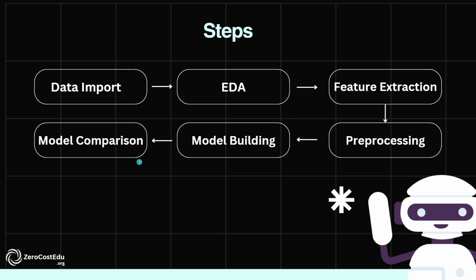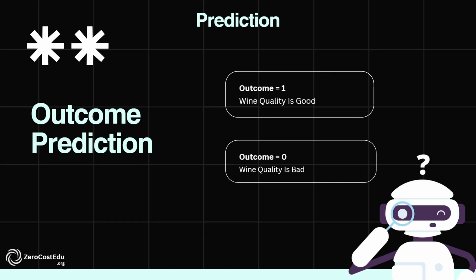So let's jump into our other section. Here we are getting the prediction that will be predicted from the data set. So here I wrote outcome prediction. If the outcome is coming as 1, it means the wine quality is good. But if the outcome is coming as 0, the wine quality is bad.